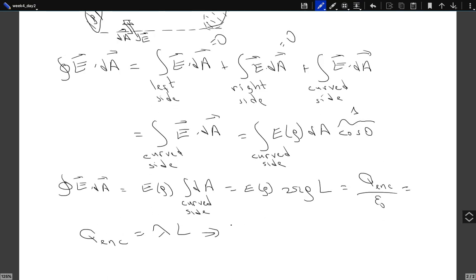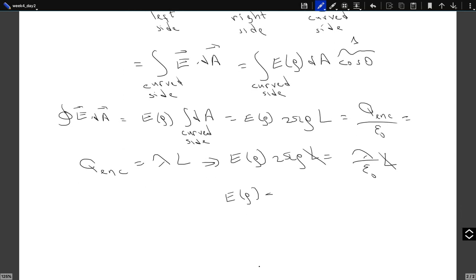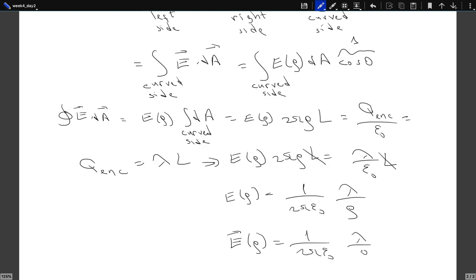So we have E rho times 2 pi rho times L is just lambda over epsilon 0 times L. I can cancel the L's. E rho is equal to 1 over 2 pi epsilon 0 lambda over rho. Or if you write the electric field, not just the magnitude, lambda over rho in the rho direction.